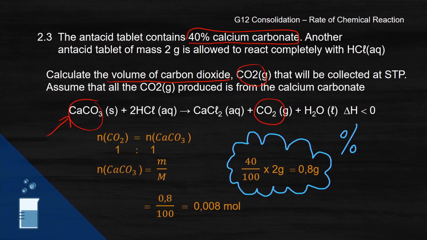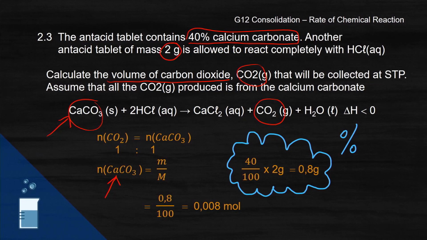The ratio between those two substances is: 1 mole of carbon dioxide will be produced from 1 mole of calcium carbonate. We need to calculate the number of moles of what we are given, and what we are given is calcium carbonate. Now, the whole tablet does not react. The 2 grams does not react completely. It is only 40% of that 2 grams that reacts.